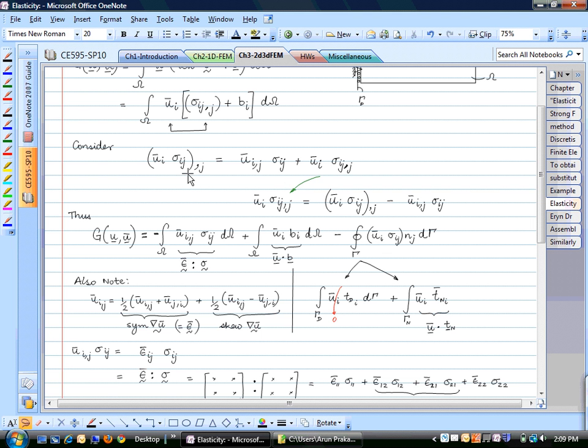This term, where is that? Yeah, this term came here. We are going to do the integral of this term over the entire domain. And when we apply the divergence theorem, we can convert this integral over the entire domain to whatever was inside the parenthesis dotted with the normal vector. This is the exact same thing that we just talked about in the heat conduction problem.